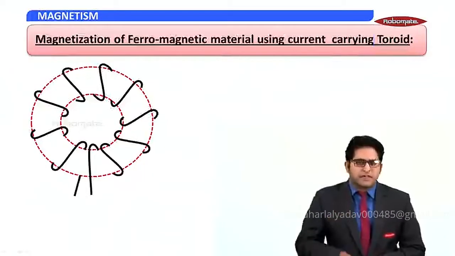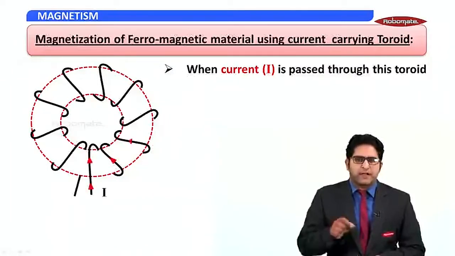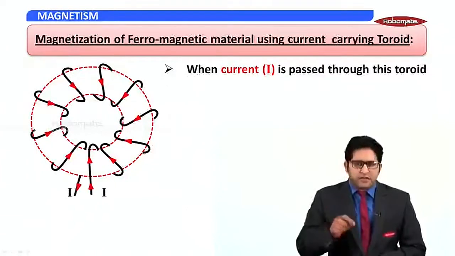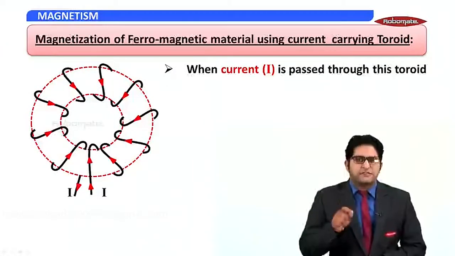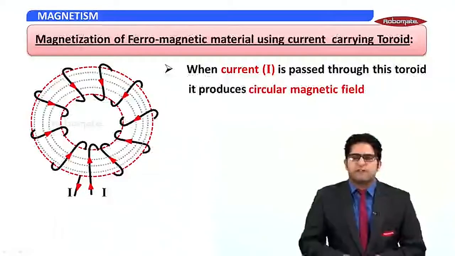Now when current is passed through this toroid, let's say current I is passed through it, it passes through each and every turn of the winding. When current is passed, it behaves as a current carrying conductor and produces a circular magnetic field inside it.